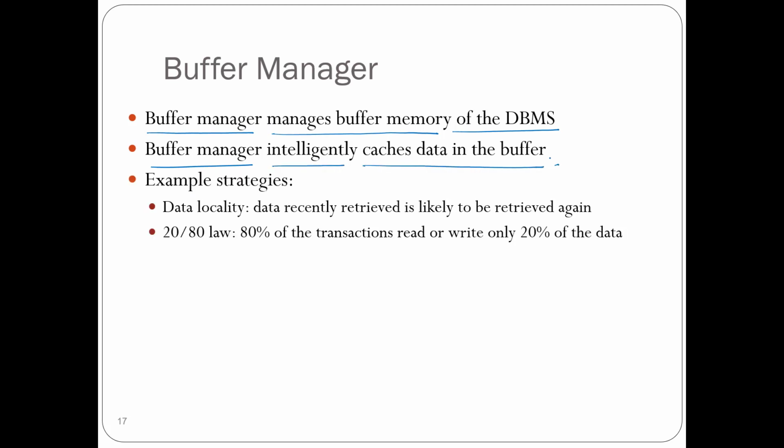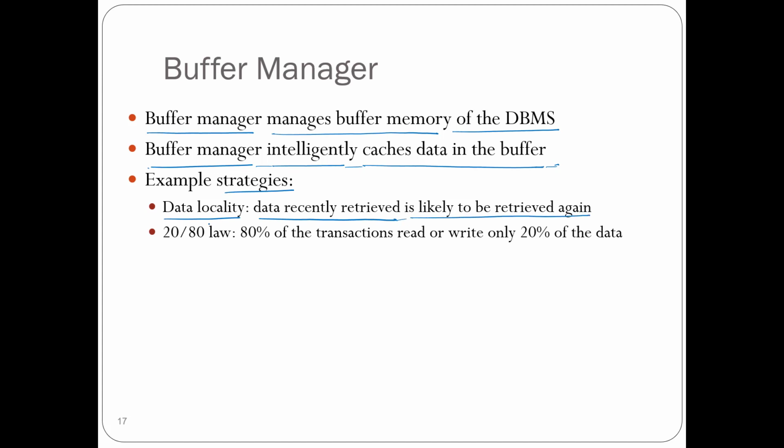Now, the buffer will have limited capacity, nothing in comparison to your storage device. So we need some strategies for buffering. The first strategy is data locality. It simply says that data which was recently retrieved is likely to be retrieved again.